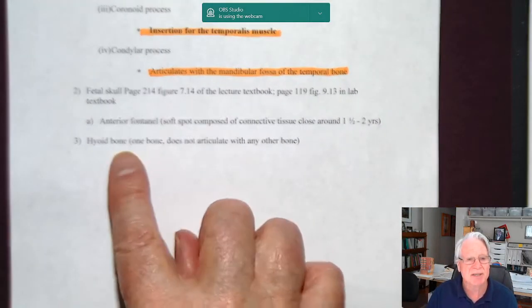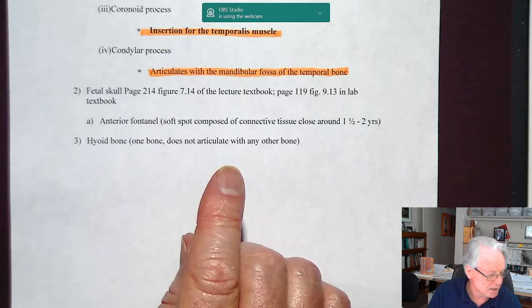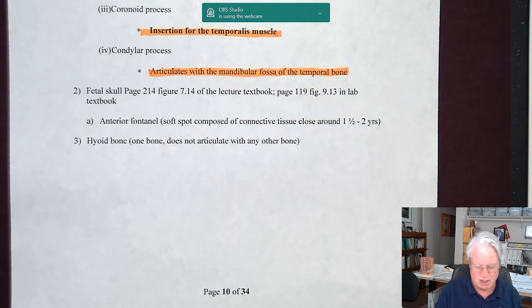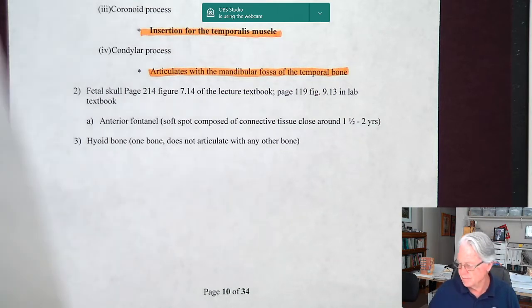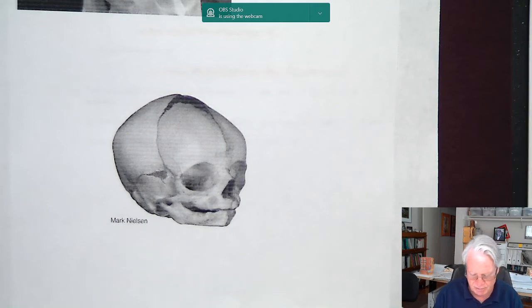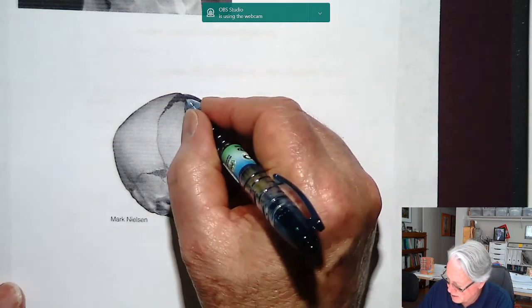We've already talked about the hyoid bone. And do I have a picture of the fetal skull for you? And I think I do. So if we look on page 12, there it is. Let's go ahead and just identify that.